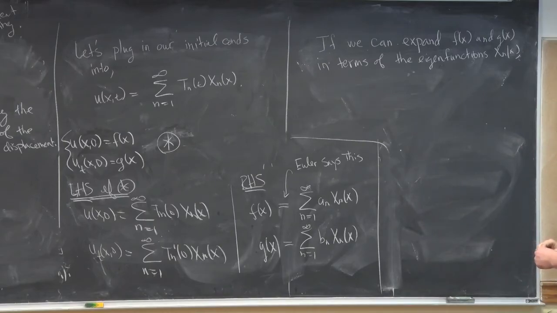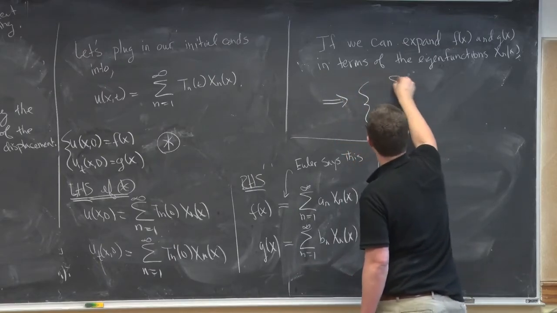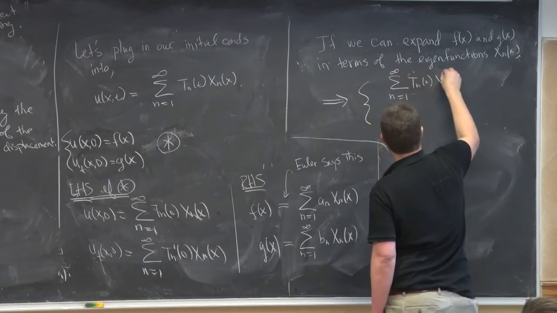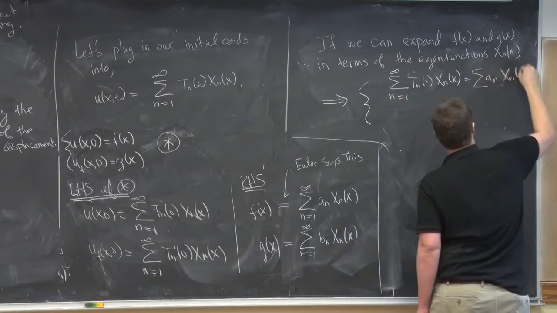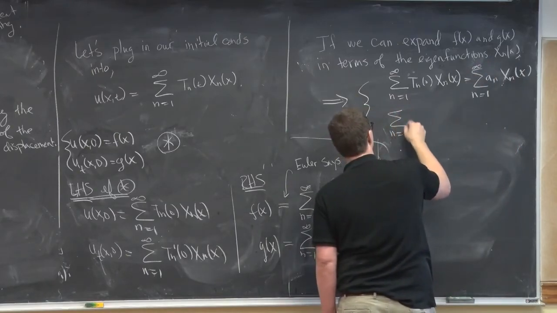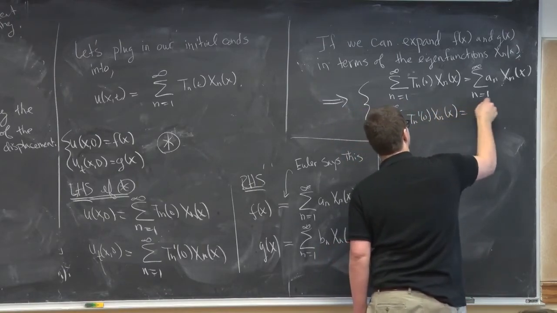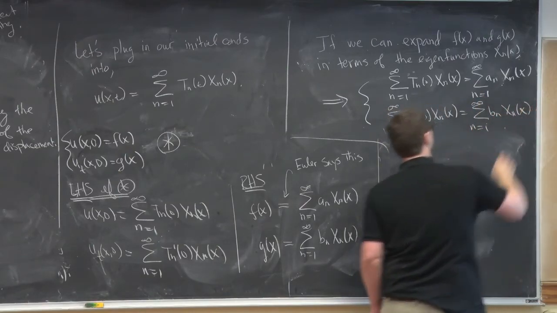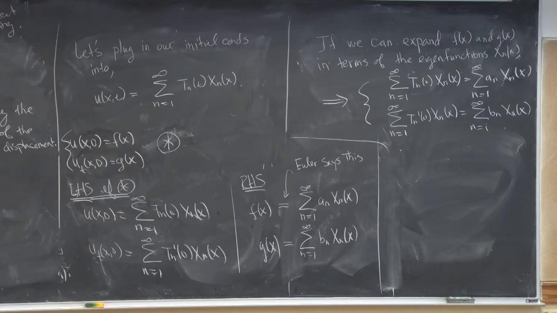We get equations: the sum from n equals 1 up to infinity of T_n(0) X_n(x) equals the sum of a_n X_n(x), and the sum from n equals 1 up to infinity of T_n'(0) X_n(x) is equal to the sum from n equals 1 up to infinity of b_n X_n(x). Does that make sense how I got those equations? I just set these two things equal to each other.